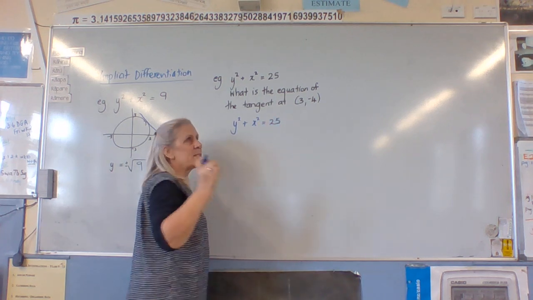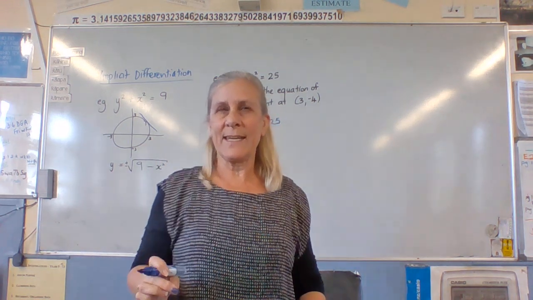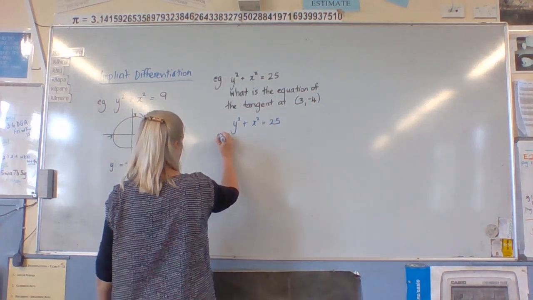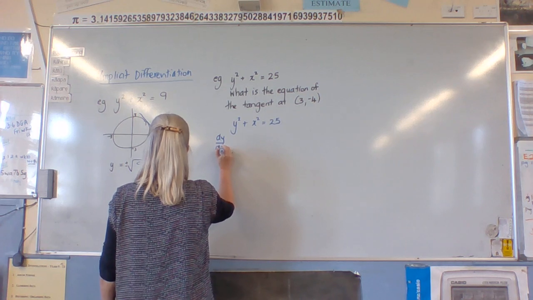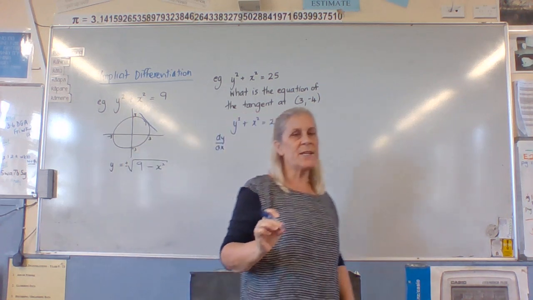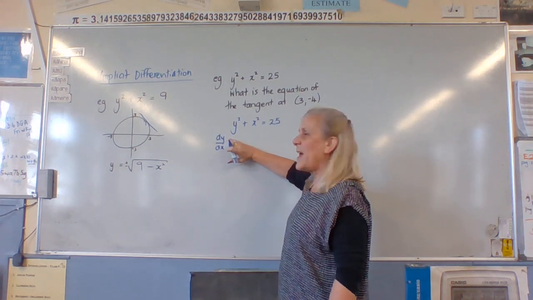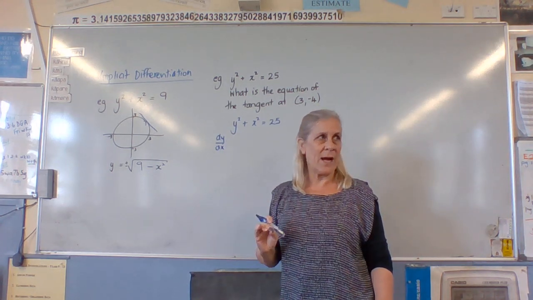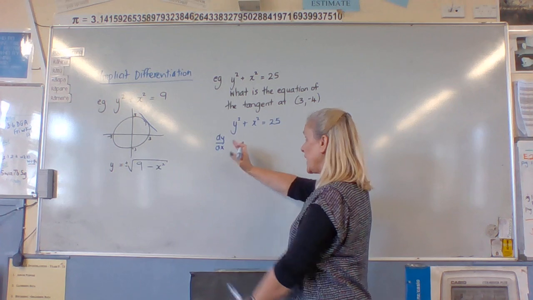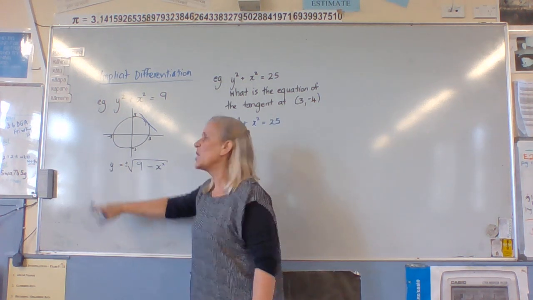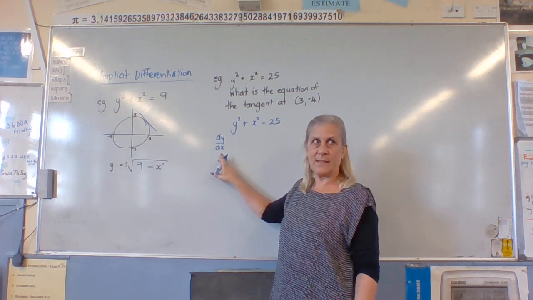So what does dy by dx mean? Right, differentiated the y with respect to the x. But it also means that I have actually differentiated y. So if I was differentiating y, in this case, that y changes to this.